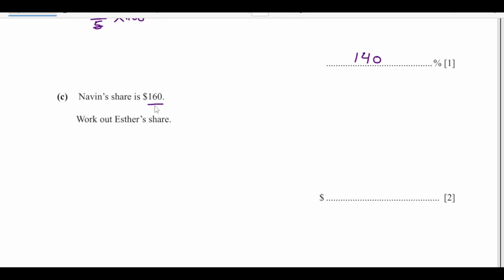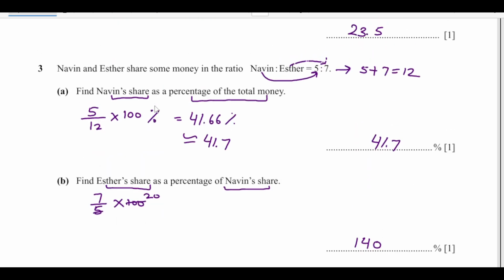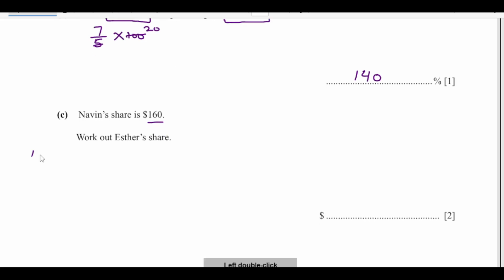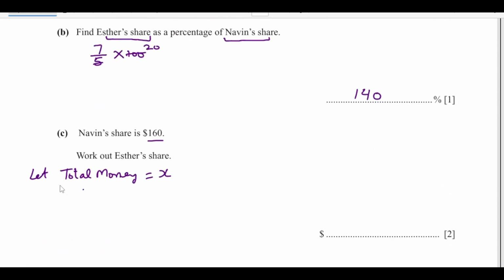Now part C: Naveen's share is 160. Work out Esther's share. So now we don't know what the total amount of money is. They said some money, so we can take it as X. Let the total money that they share be X. Naveen and Esther have the ratio 5 to 7, right?